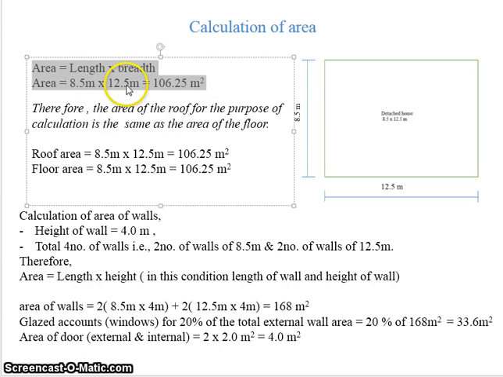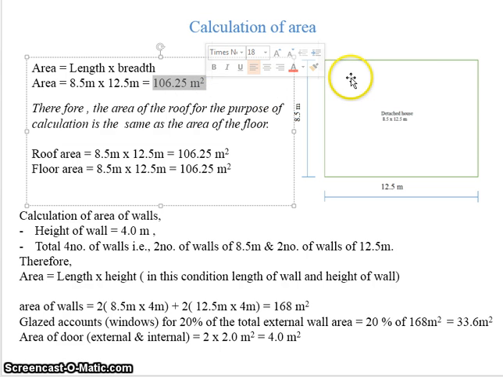If you calculate this, you will get the area as 106.25 square meters. The area of the roof for the purpose of calculation is the same as the area of the floor. So roof area is 106.25 square meters and floor area is 106.25 square meters.